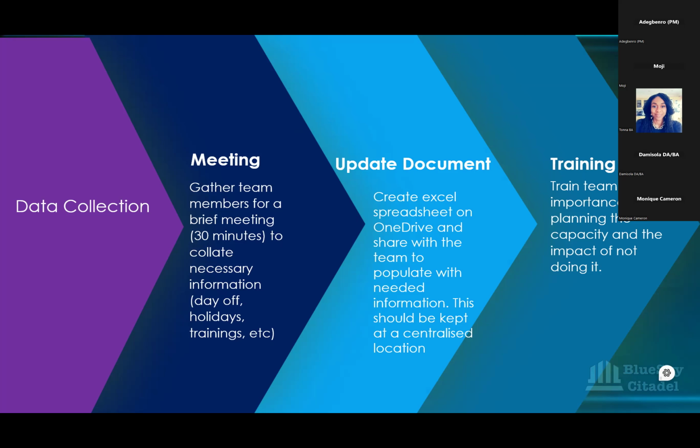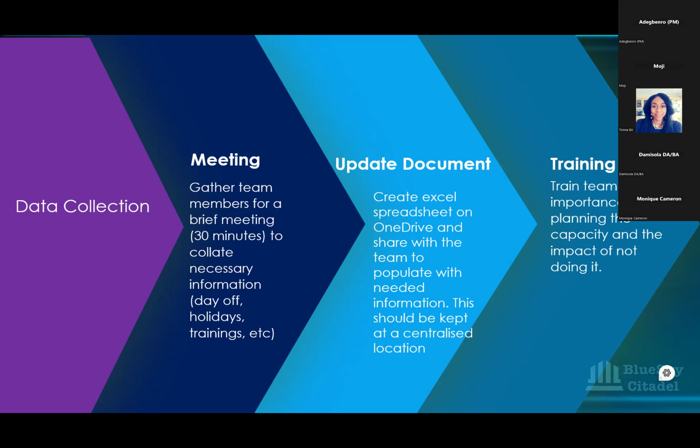Now, having done that the first or the second time, you have a team that understands what capacity is all about and how it impacts your team. And then you can create an Excel spreadsheet as a template and put it on OneDrive, whereby every team member, because they have an understanding, is able to go into that spreadsheet and just update it.